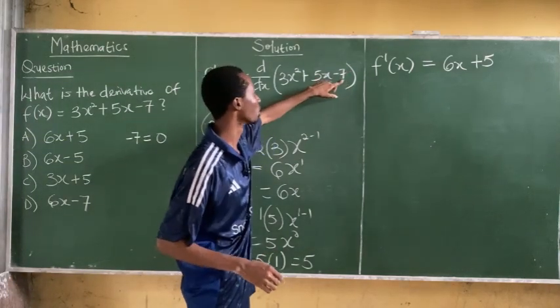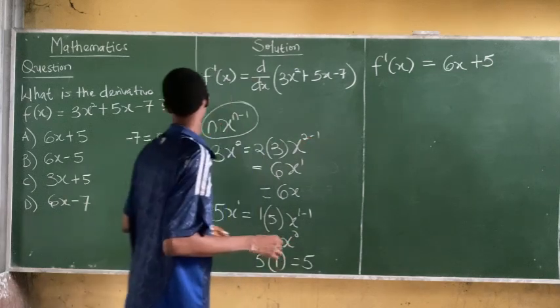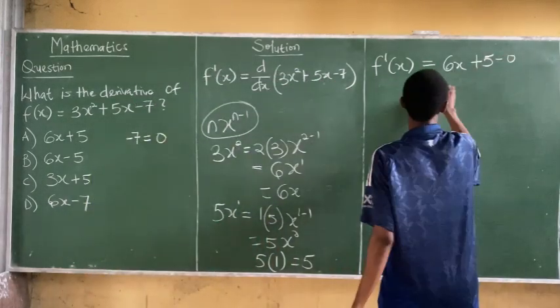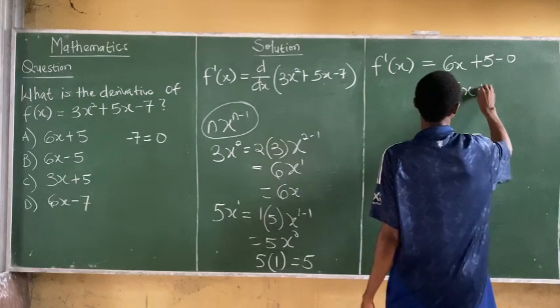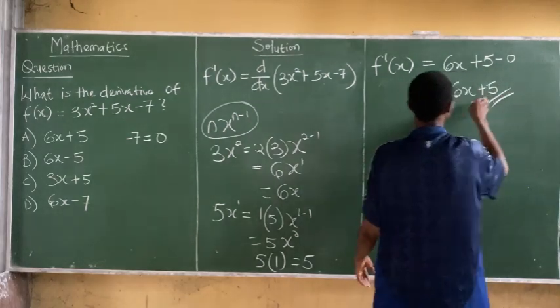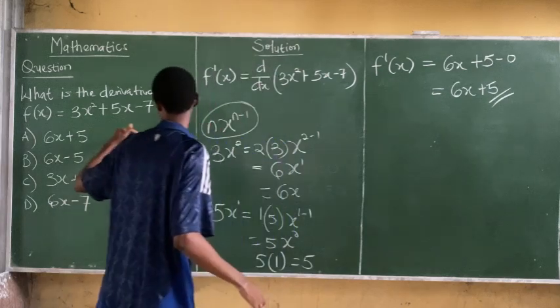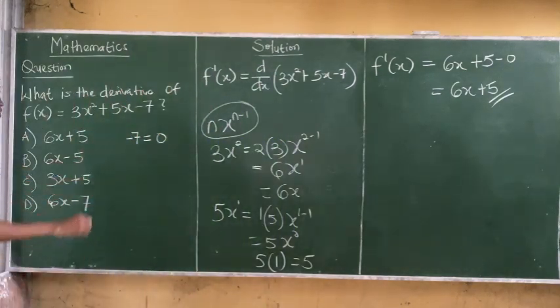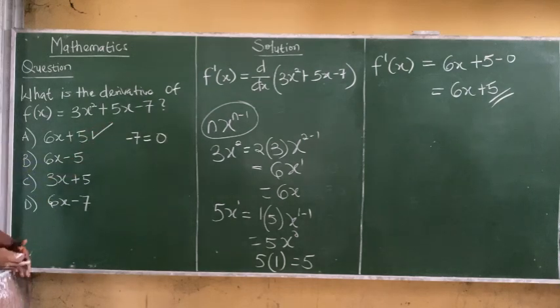If we differentiate a constant, it's equal to 0. So here we have minus 0. This is the same thing as 6x plus 5. So this is the final answer after differentiating this equation. So the correct option here is option A, 6x plus 5.